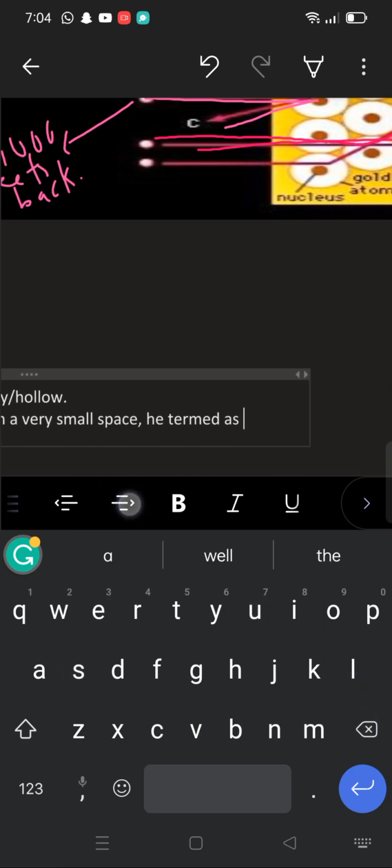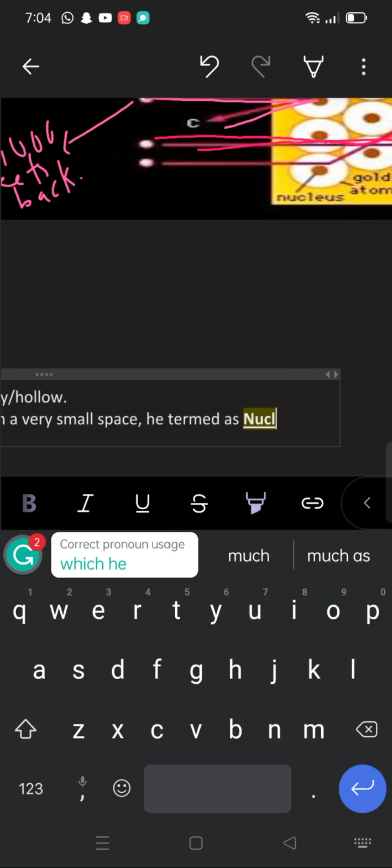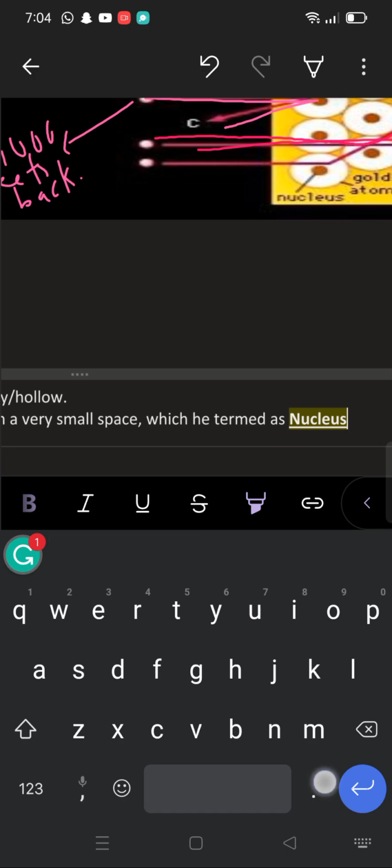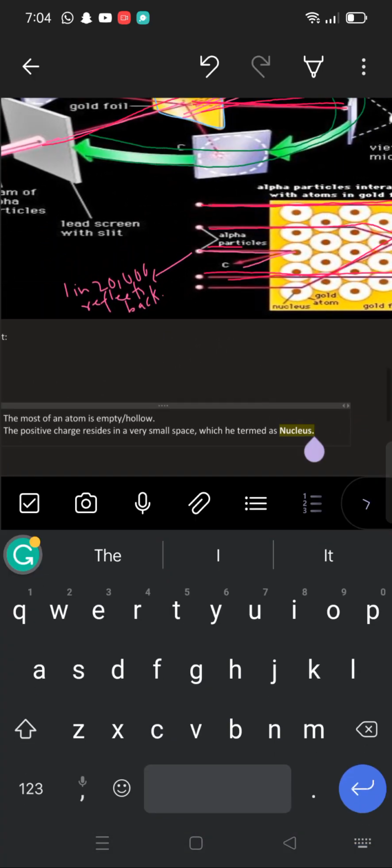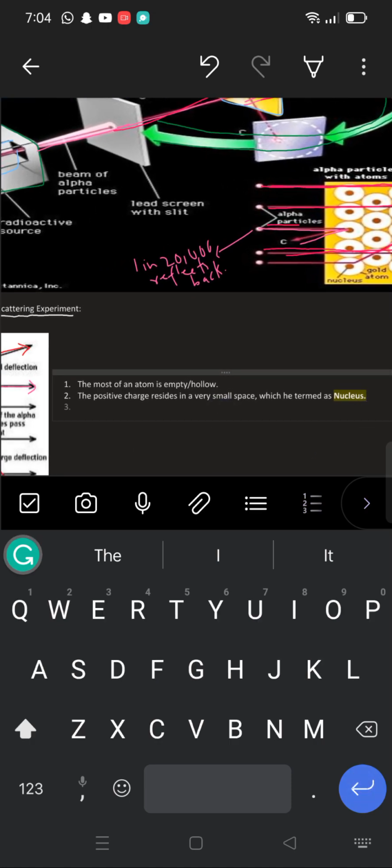Let me highlight nucleus, right? He termed it the nucleus, which means his atomic model was also known as the nuclear model, right?